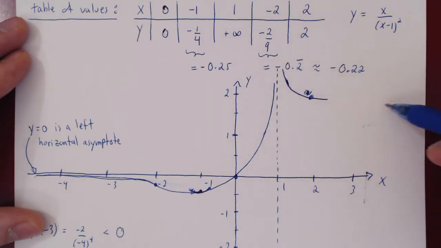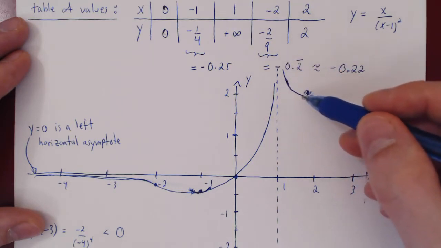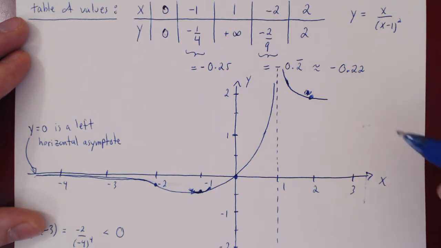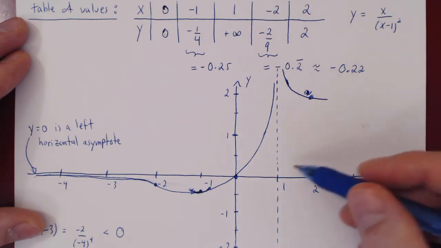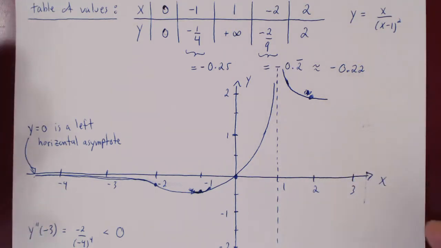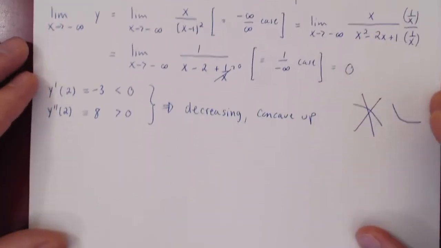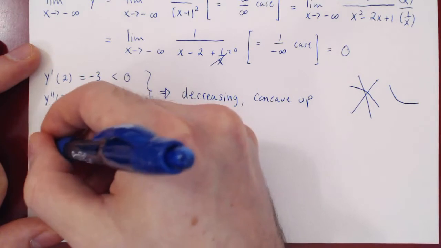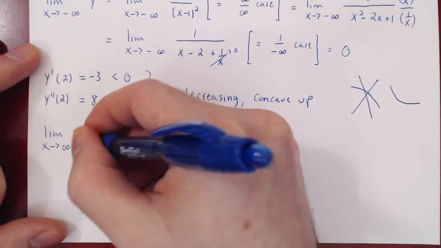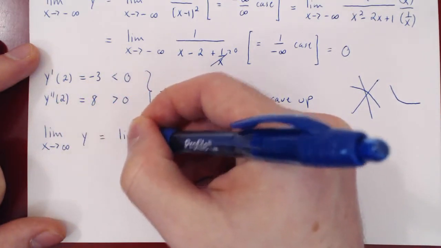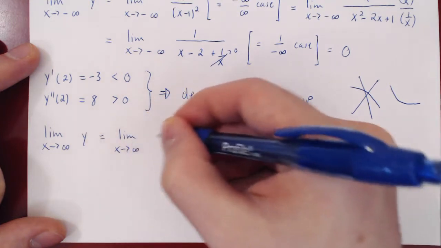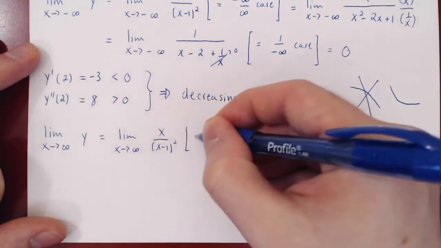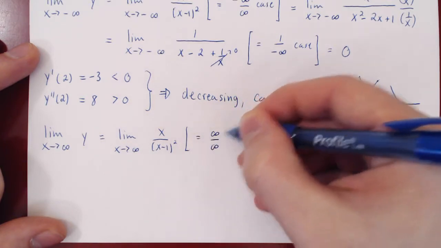The only question left now, as we know it will be decreasing and concave up forever, is will we have a right horizontal asymptote? So what happens to y when x goes to positive infinity? Well, let's see. We have an infinity over infinity case.